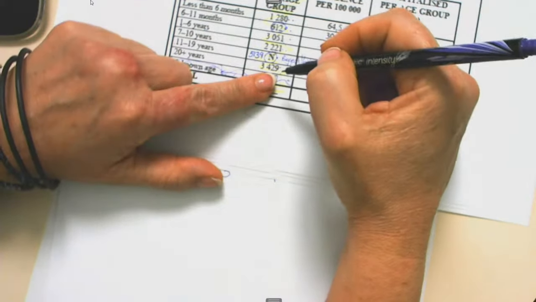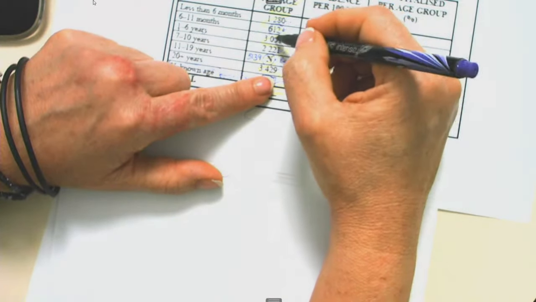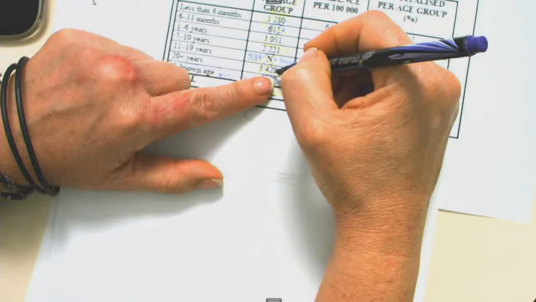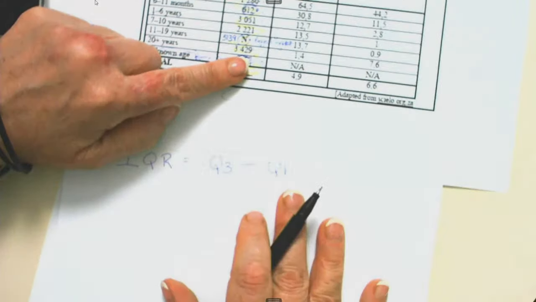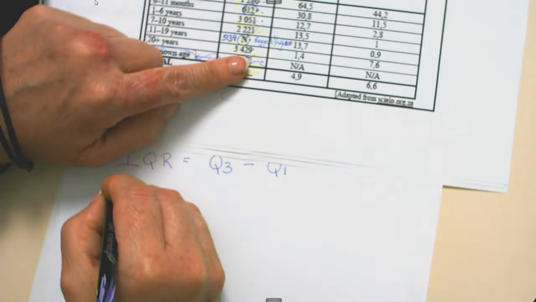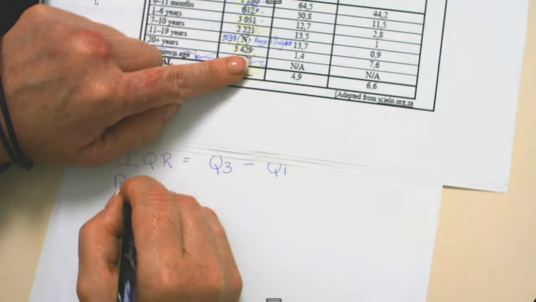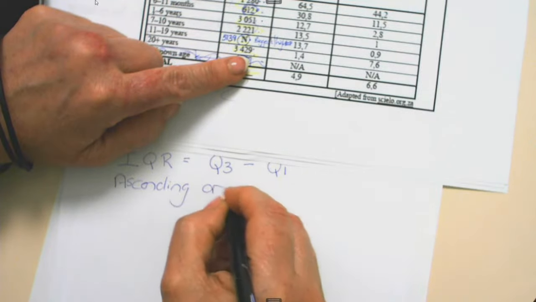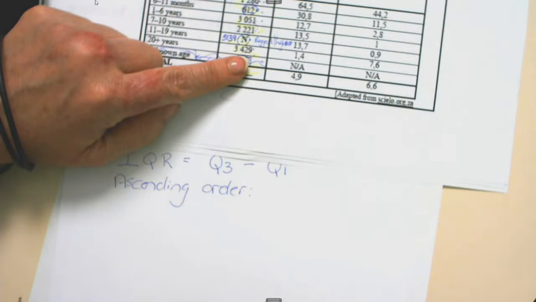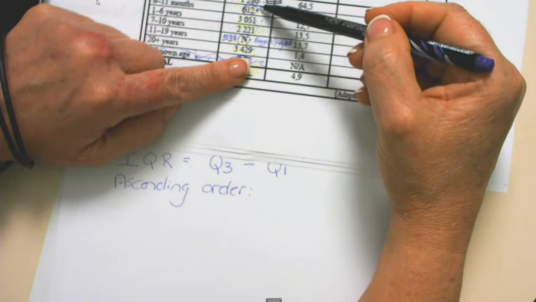The first thing I'm going to have to do is write this data in ascending order. So the smallest value is going to come first. The smallest one must come first. Now, which one is the smallest one?